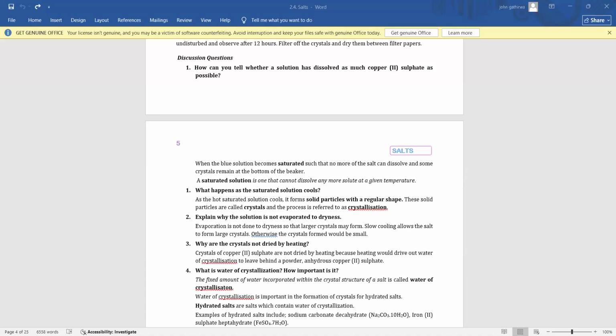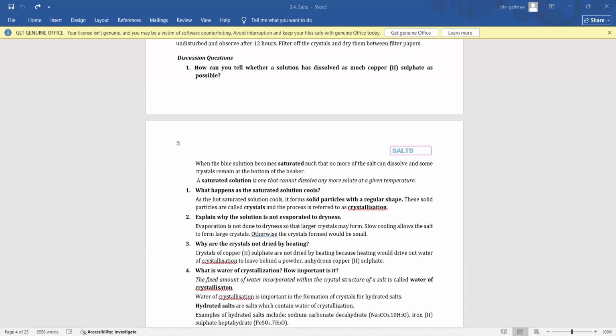On separation, mostly we major on the properties of the various salts that we are trying to separate. Mostly they will bring a salt that can sublime, and then salts that are soluble in water. They can even include lead sulfate. Maybe we can have barium sulfate and lead 2 chloride.